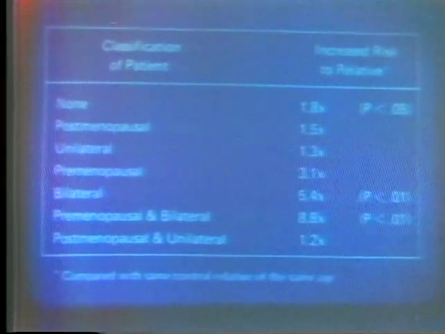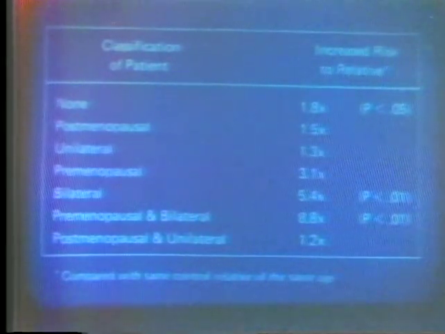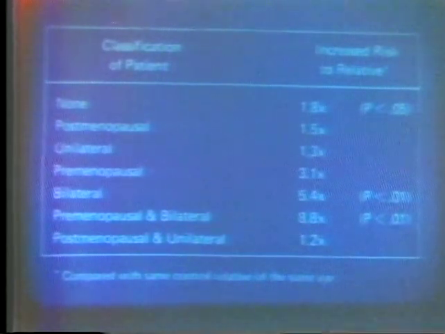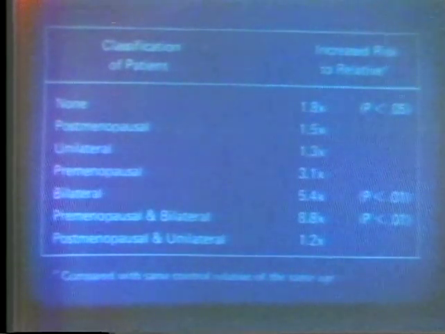So you have really selected out and defined a group in which the cancer is much more likely to be hereditary. The risk is much higher to the individual and individual relative, and you have defined a group of high-risk patients in whom screening procedures and so forth are vitally important and feasible. Next slide, please.